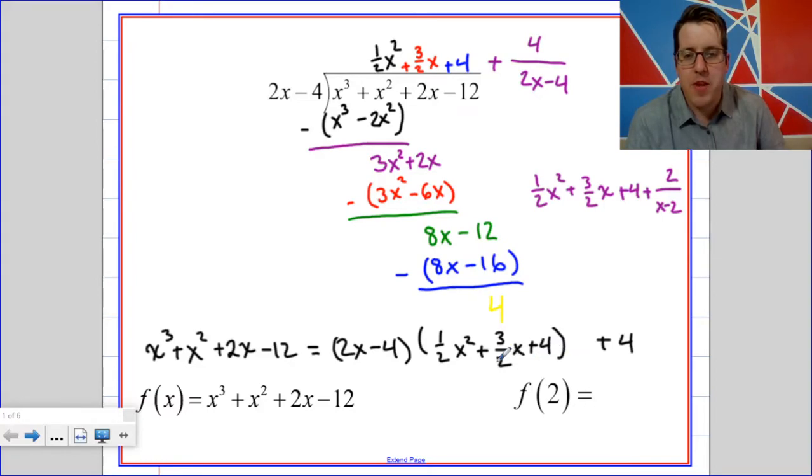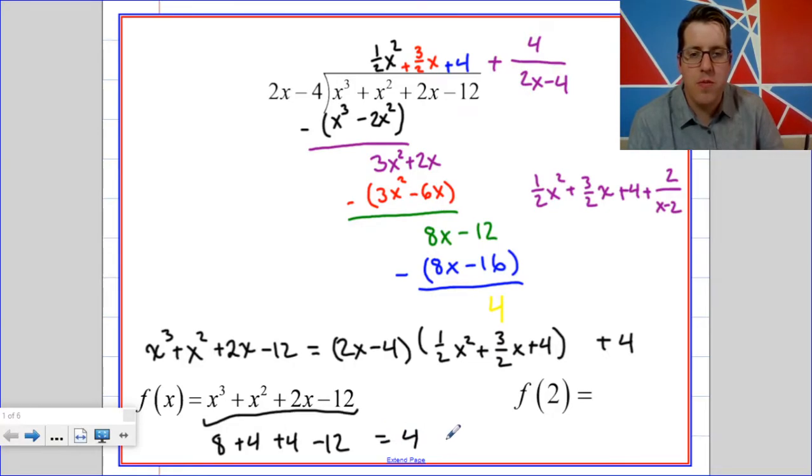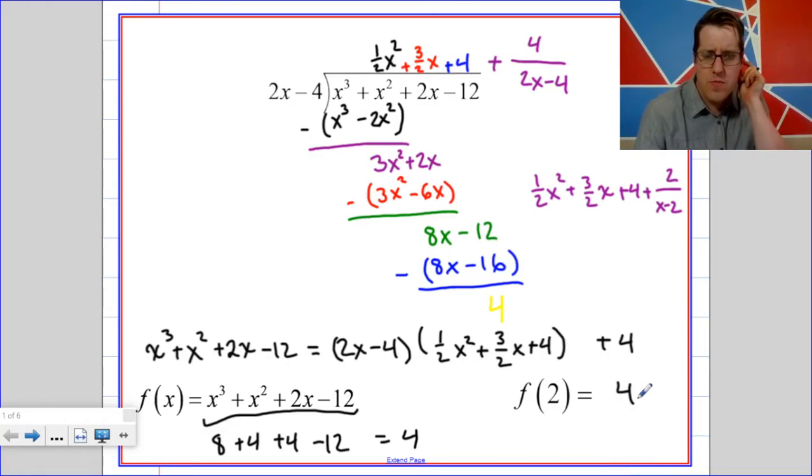Now, what would happen if I plug 2 into this function, which is the dividend? So we can do that. We get 8 plus 4 minus 12, which is 4. Well, I wonder why that is. We're saying the two sides of this equation are equal.